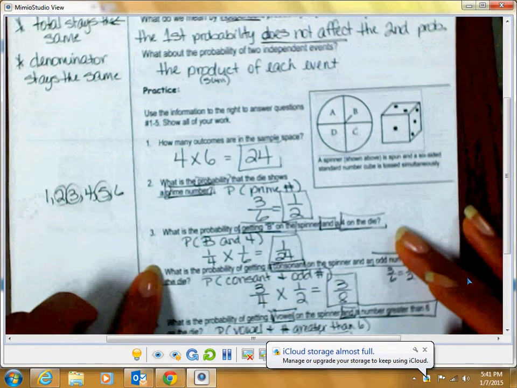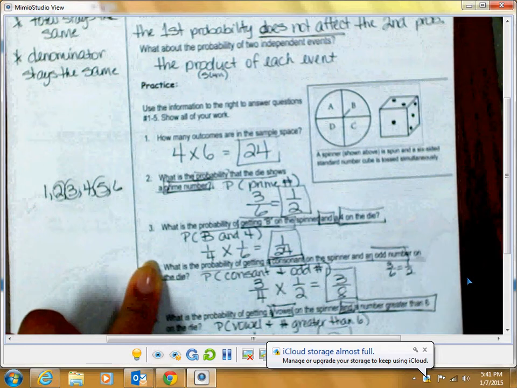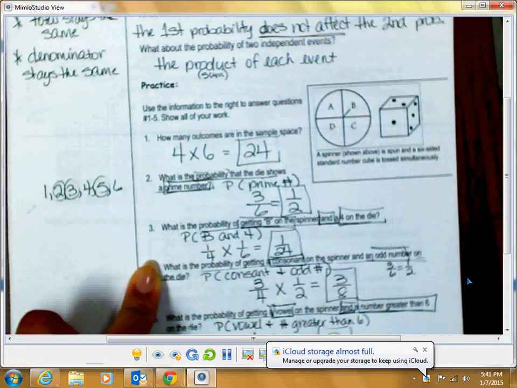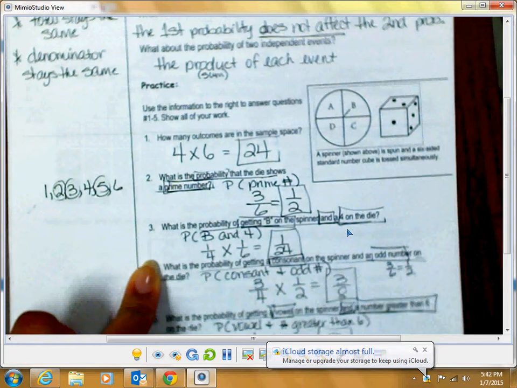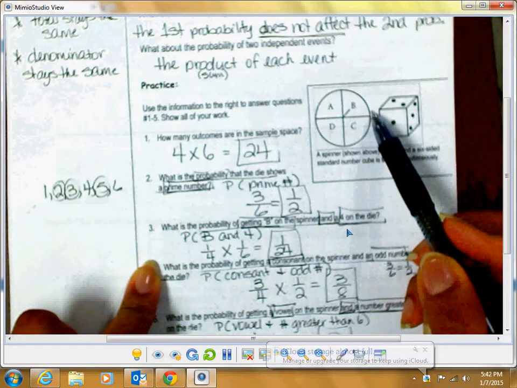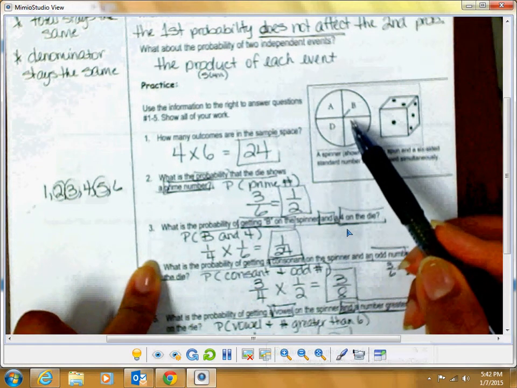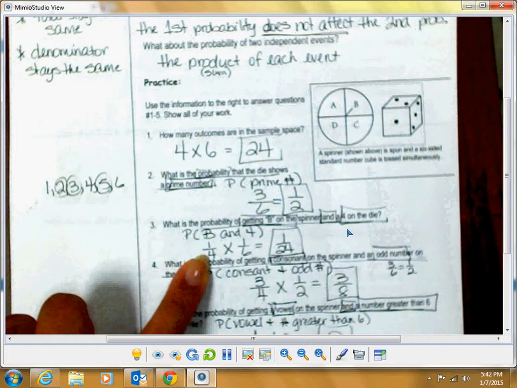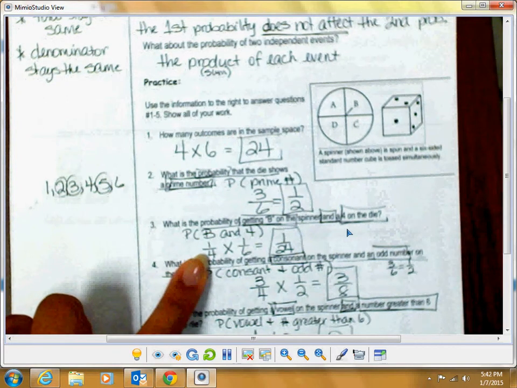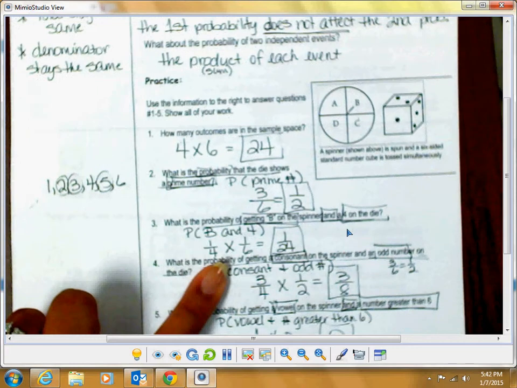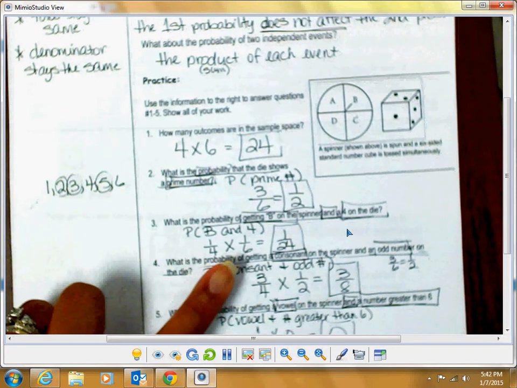Number 3, the probability of getting a B on the spinner and a 4 on the die. Since we look at the spinner and we see 1 B out of these 4 letters, that's why we have 1/4 here. It says and, so that means we're going to multiply, and then we look at the probability of getting a 4 on the die.